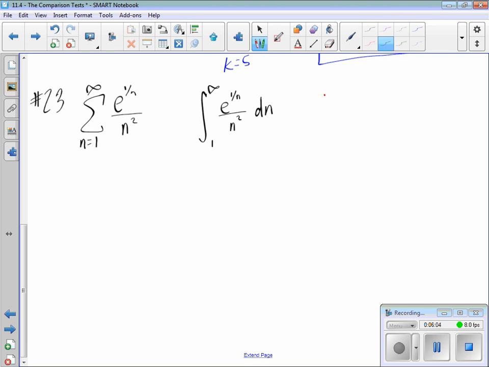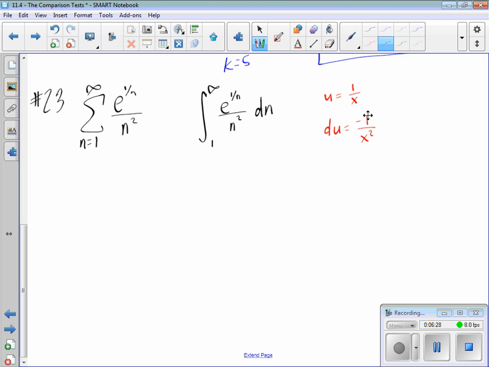Okay, so let u be 1 over n, and I'm going to write 1 over x because I assume that u would switch those to x's. And the derivative of that would be, it's x to the negative first. So you pull the negative 1 down, and then it's x to the negative second.